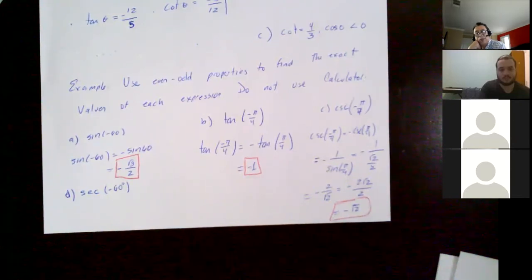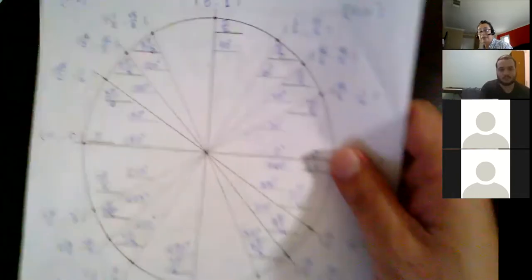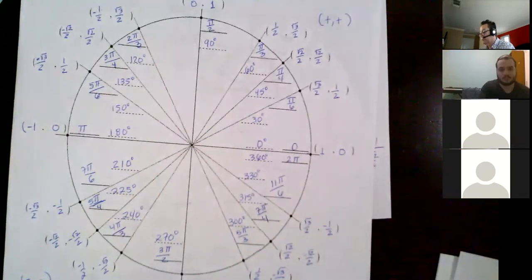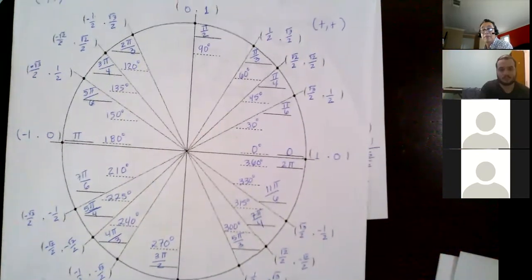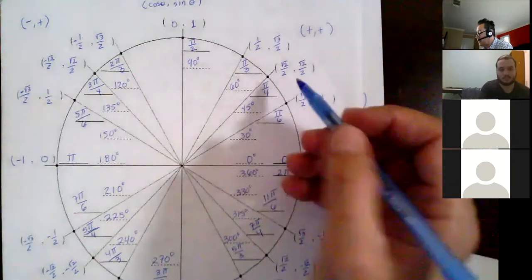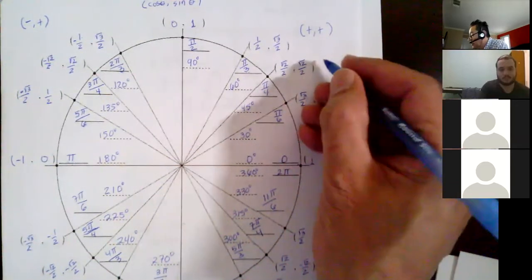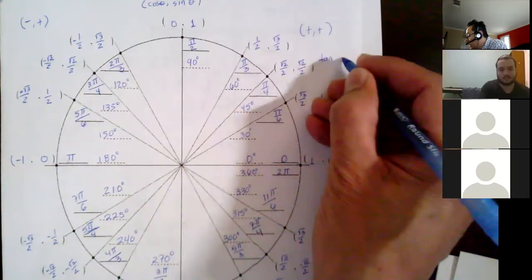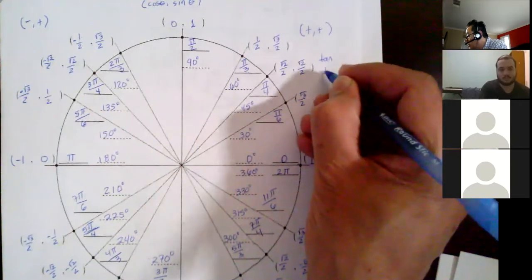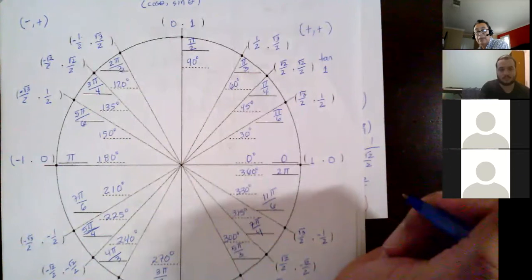You guys have the unit circle right there with you? Let me see. I have it right here. The tangent of pi over 4 right here, you guys, the tangent here is 1, by the way.